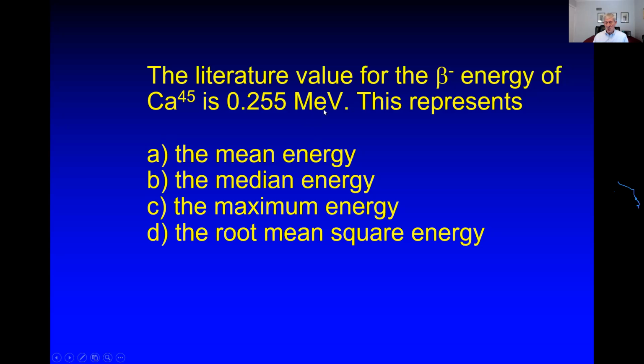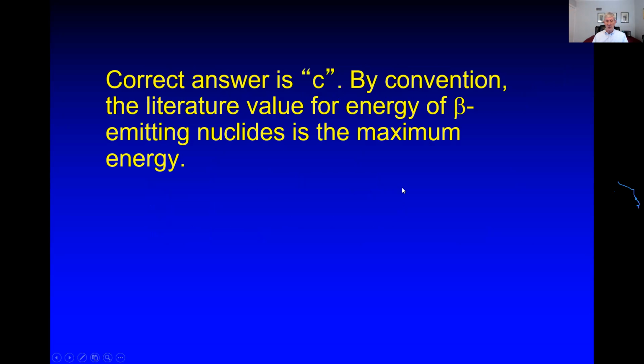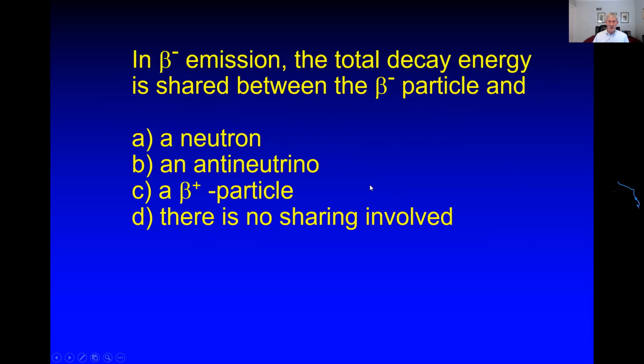We always use the literature value as the maximum energy, even though there's a spectrum of beta particles with all kinds of energies from slightly more than 0 up to Emax. Still, we use Emax as the literature value, even though not even 1% of all particles have that maximum value. Good. And there's your answer to that.